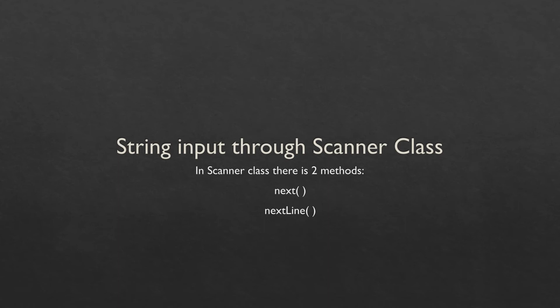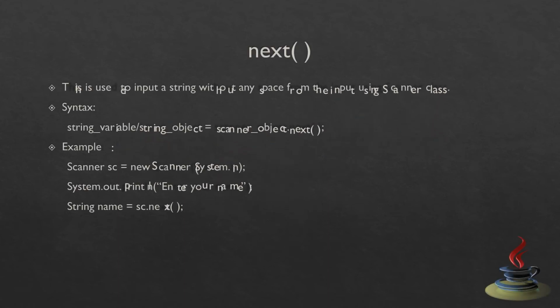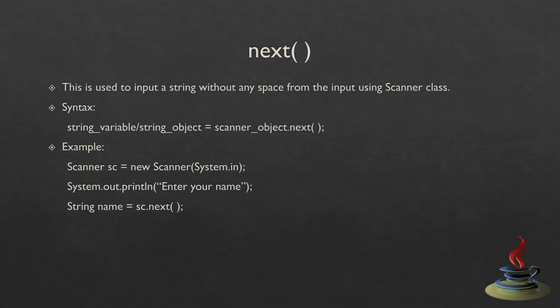Through the Scanner class object we can call next or nextLine. Let's go to the next slide so that we can clear up the next method. So what is the next method? This is used to input a string without any space from the input using your Scanner class.